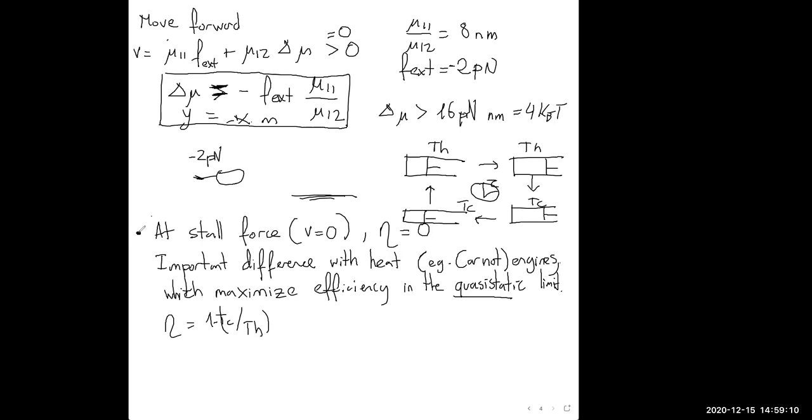And another point about the discussion is that I'm only discussing averages, but if I think about the motion of a single molecular motor, I could represent the motion in a 2D plot like this, in which this will be the position in the filament, and this will be the number of ATPs that I consume.